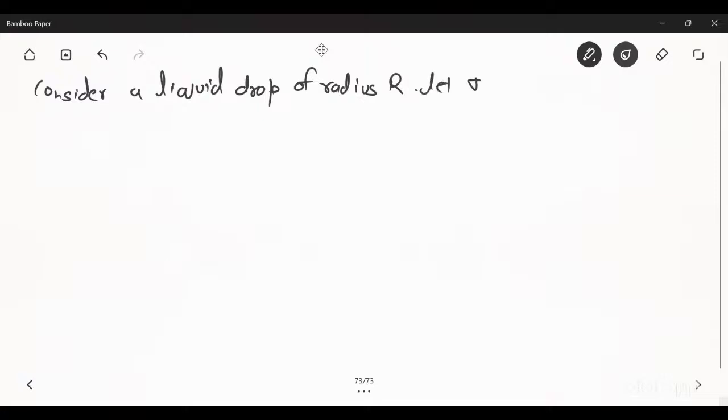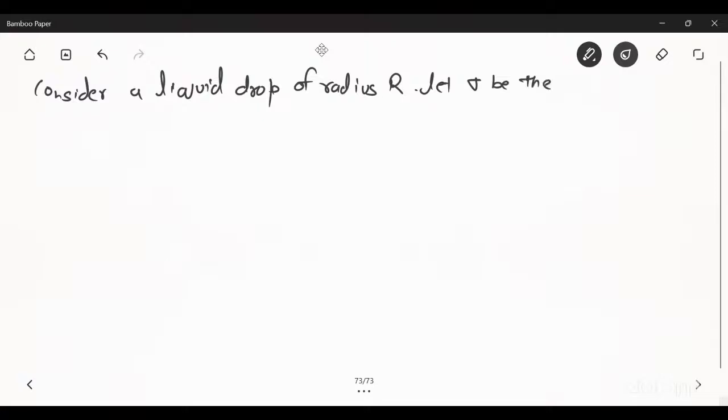Now consider a liquid drop of radius r. Let sigma be the surface tension of the liquid.